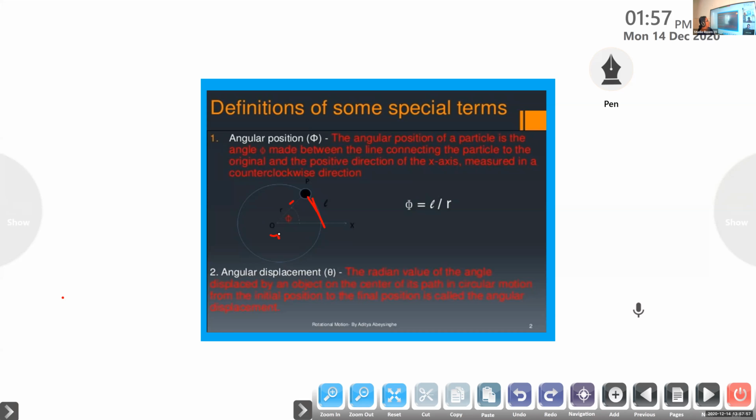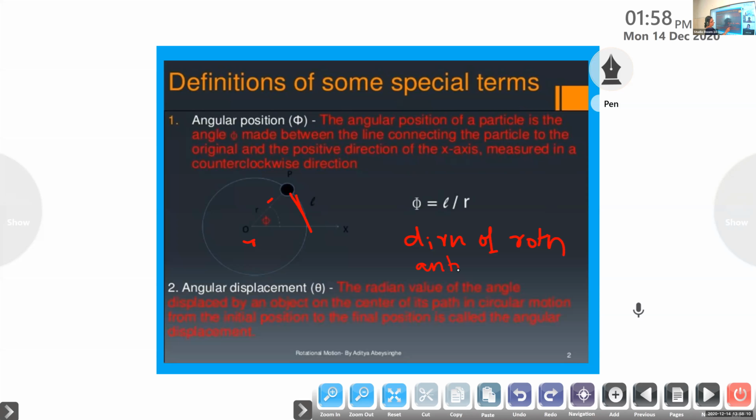So L by R. And direction of rotation, just mention the direction of rotation. You can just mention anti-clockwise direction. That's enough.